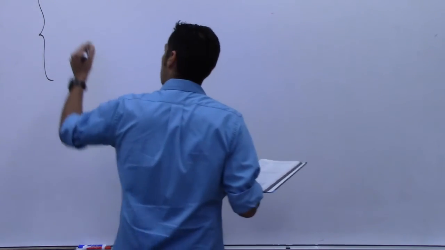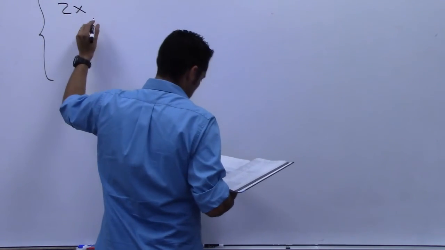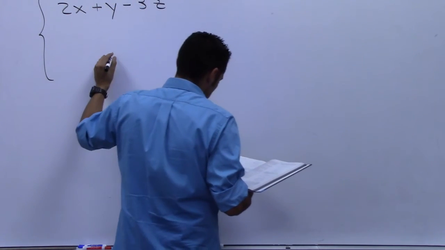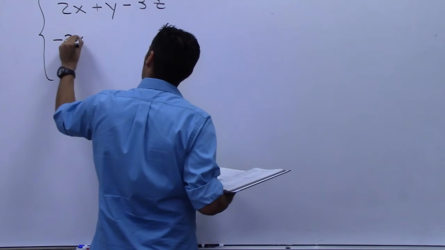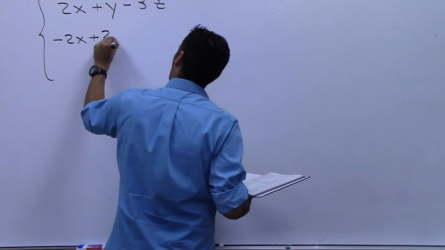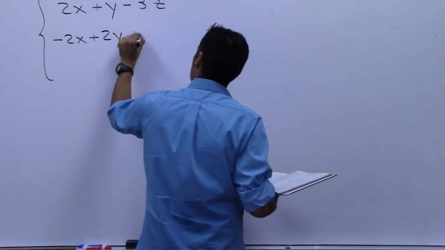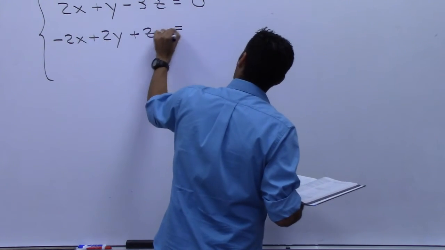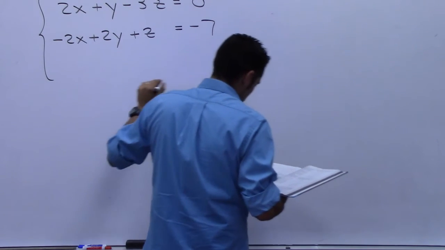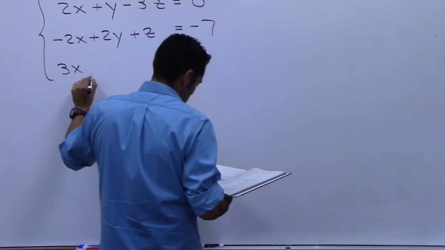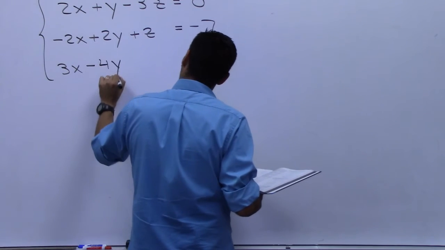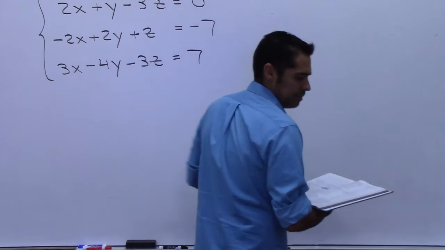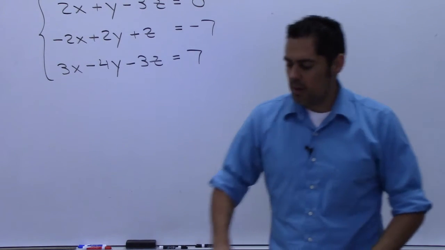So 2x plus y minus 3z equals 0, negative 2x plus 2y plus z equals negative 7, and then this last one, 3x minus 4y minus 3z equals 7. There we go. We have a system of linear equations.